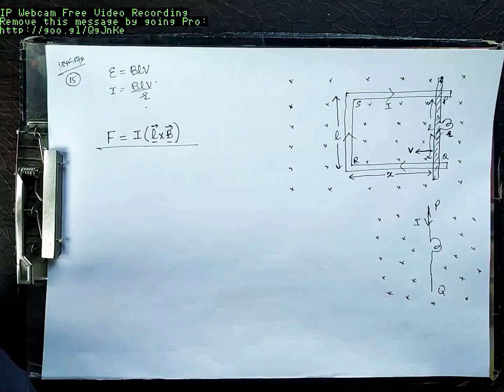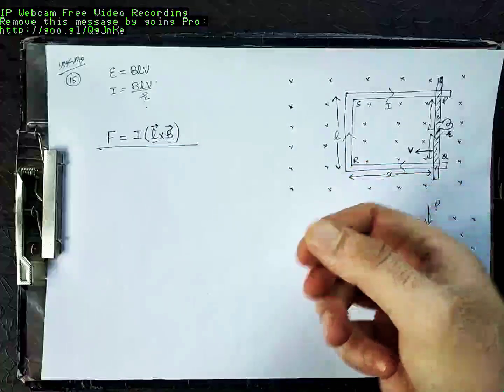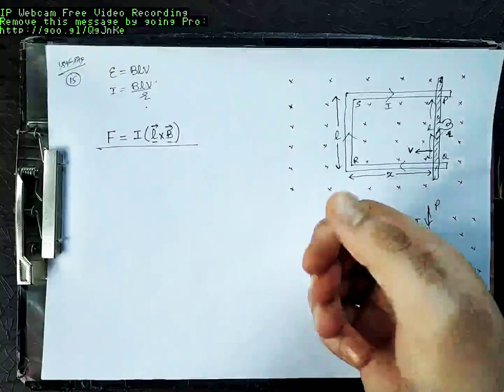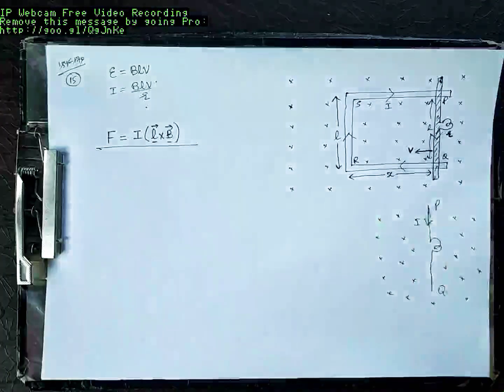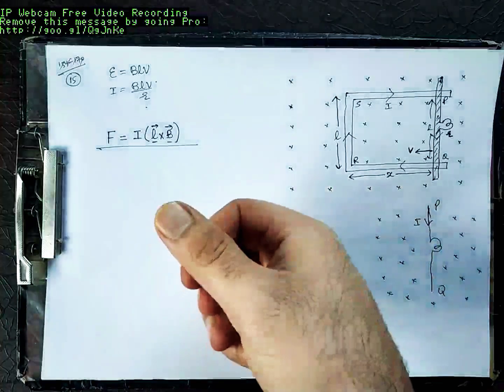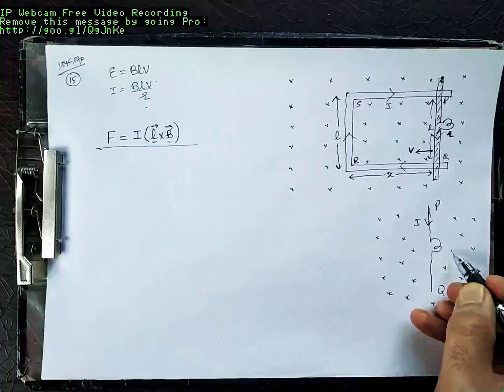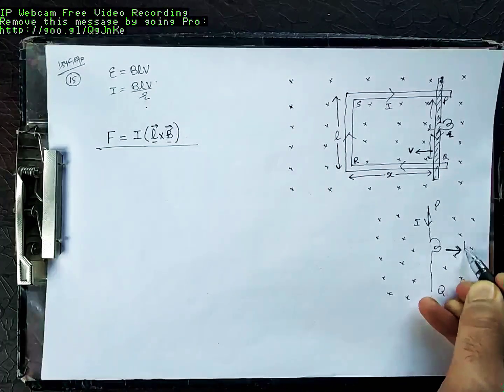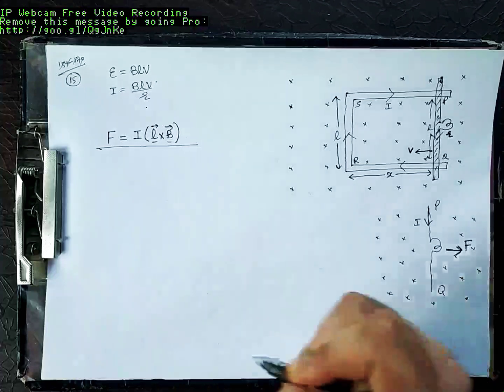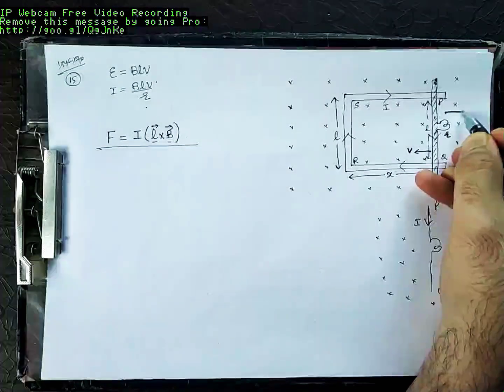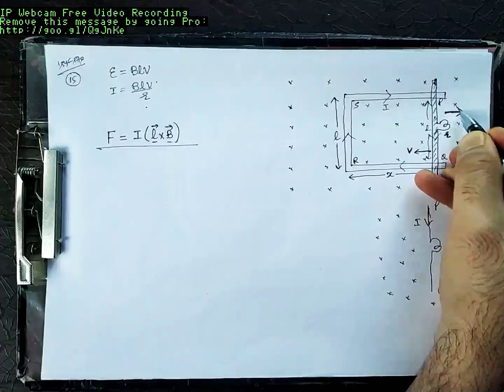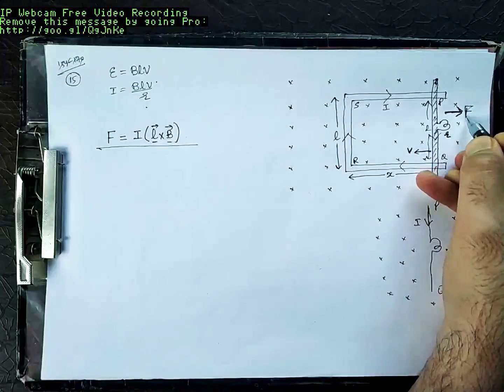When you rotate the screw in direction L to B, the screw moves out towards the right. So this PQ will have a force F towards right.